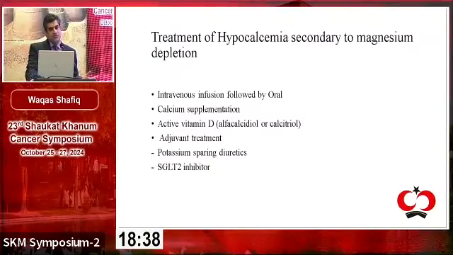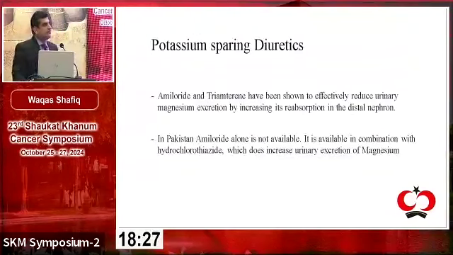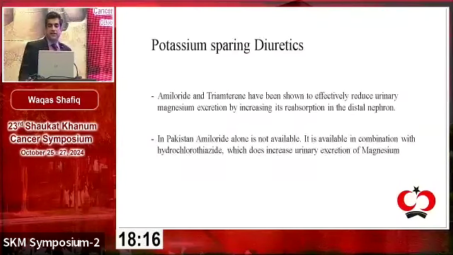Now, other treatments which we can use in these scenarios are two: potassium-sparing diuretics or SGLT2 inhibitors. Coming to the first one, potassium-sparing diuretics, amiloride and triamterene, have been shown to effectively reduce urinary magnesium excretion by increasing its reabsorption in the distal nephron.